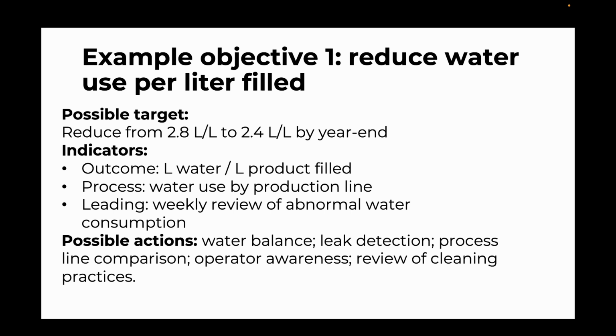A process indicator could be water used by production line, so BlueRiver can see which lines perform better or worse. And the leading indicator could be the percentage of weeks where abnormal water consumption is reviewed. The actions may include creating a water balance, detecting leaks, comparing production lines, reviewing cleaning practices, and engaging operators.